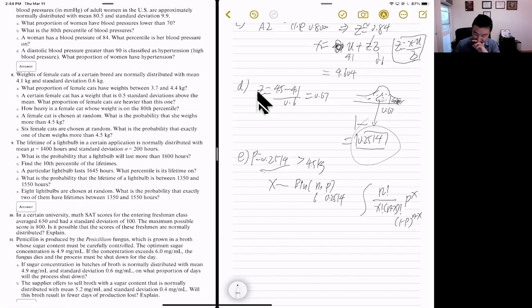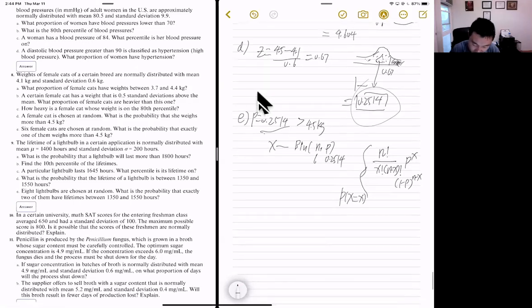So that is the PDF, and this part is asking exactly one of them with more than 4.5, so that's asking P(X equal to 1).